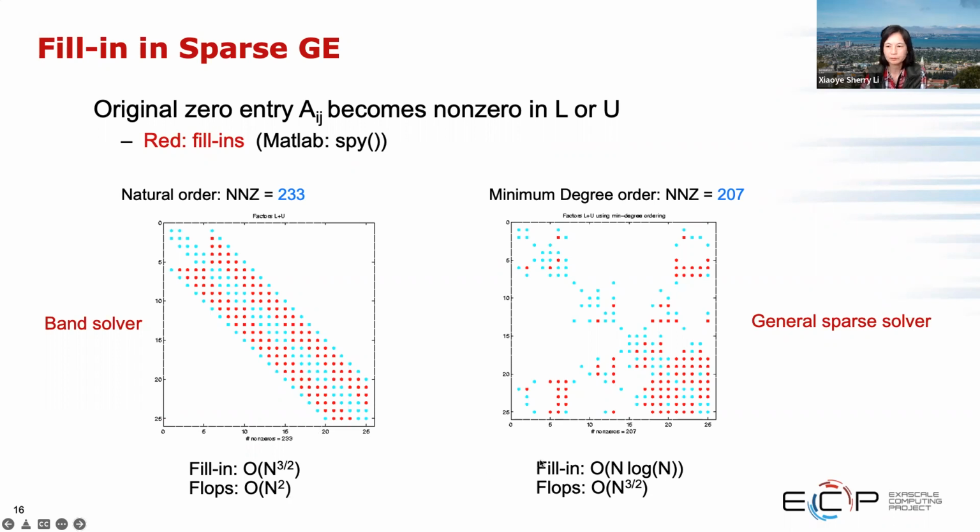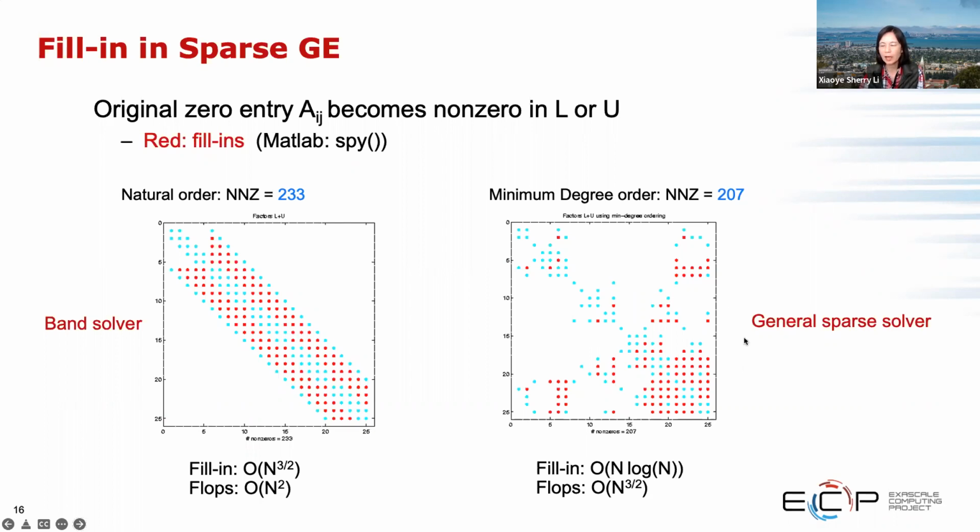On the right here, it's the same matrix, but I use a different ordering, the minimum degree ordering. And then you see the pattern will be different. This light blue one is still my original non-zero, and the red ones are the fill. And now I see the fill is 207 versus 233 in the picture here, if you stay in this order.